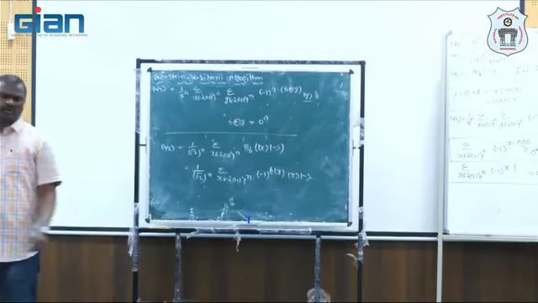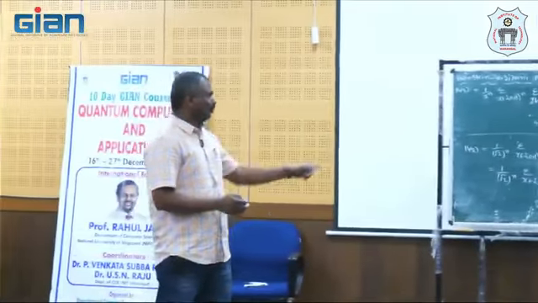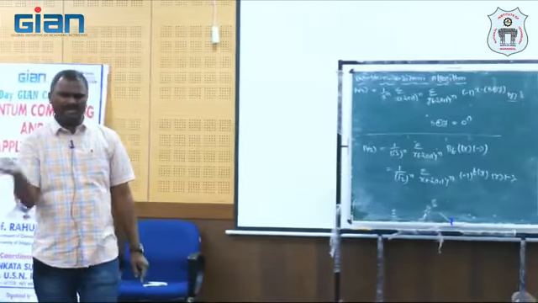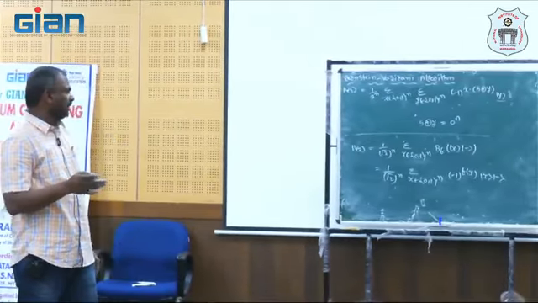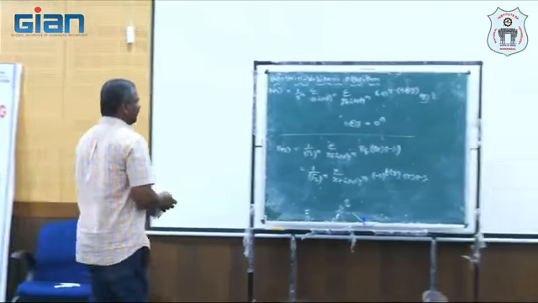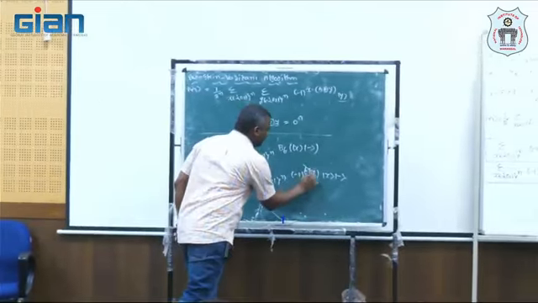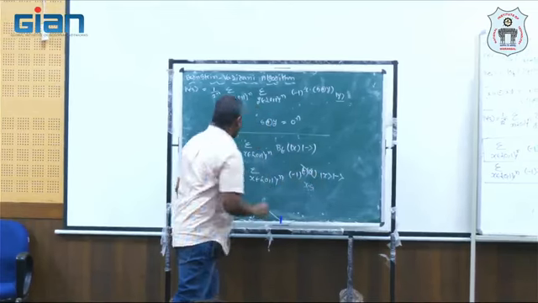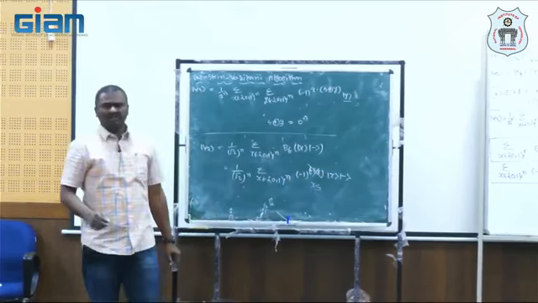Correct? That is psi 2. After that, we know that f of x is x dot s, that we substituted there. Anyhow, this f of x we can replace with x dot s. After that, psi 3.